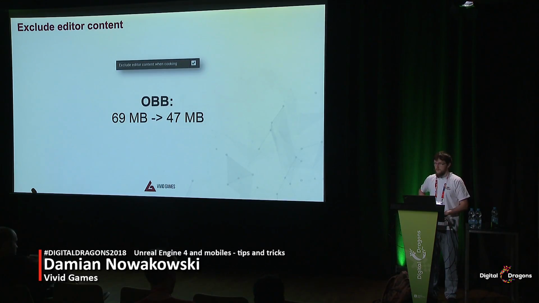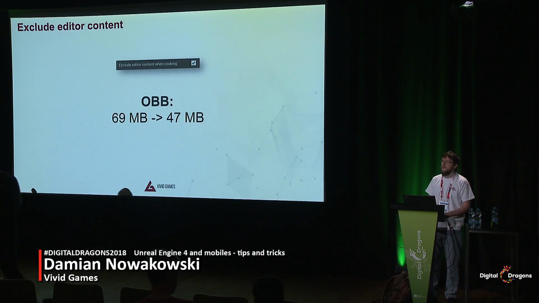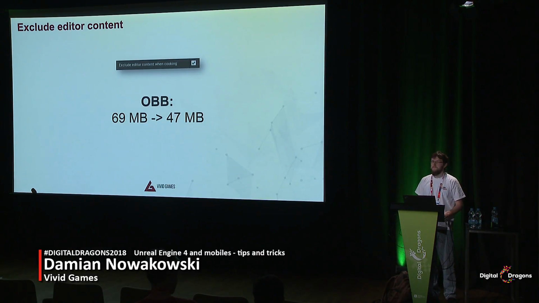I'm not quite sure why we would like to have the editor content. Probably when you are building on desktop and you want to have some kind of visual debugging, you want to make the build with the editor content as well. And when you set it up, the OBB file will shrink immediately.